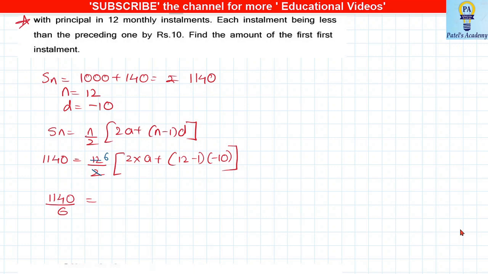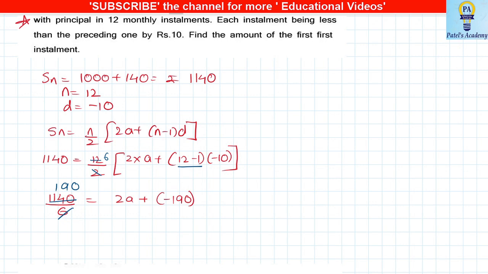equal to 2a plus 12 minus 1 is 11. 11 into minus 10 is minus 110. Okay, and this will reduce. We'll get 190.